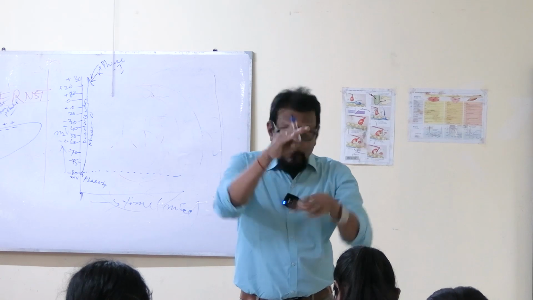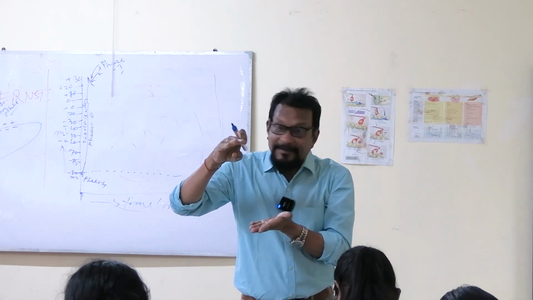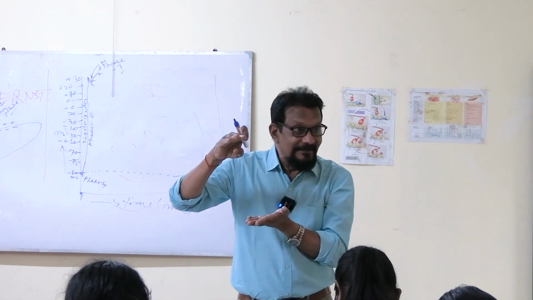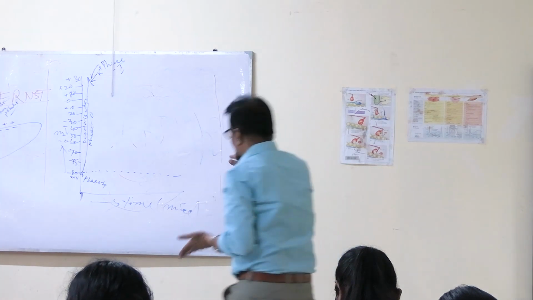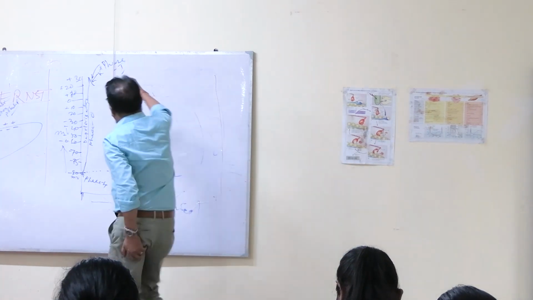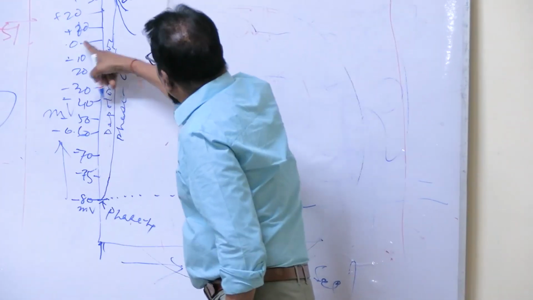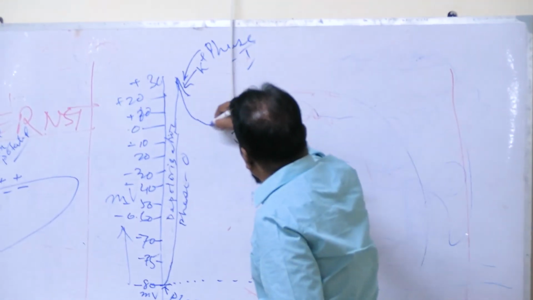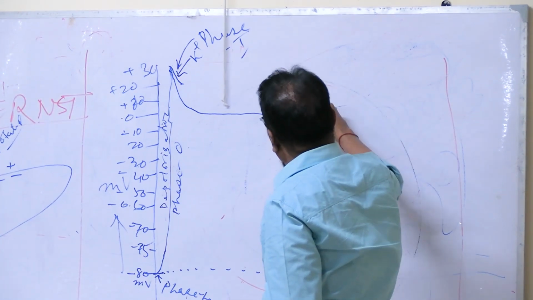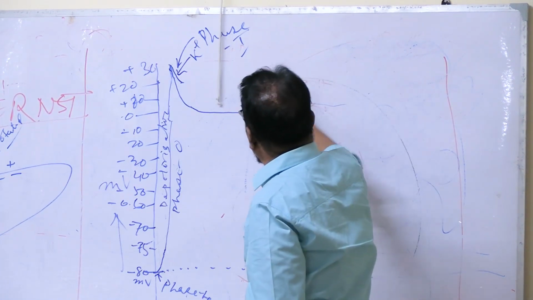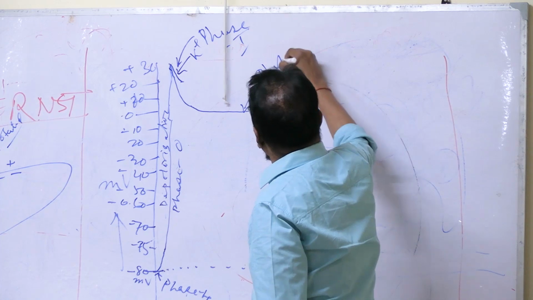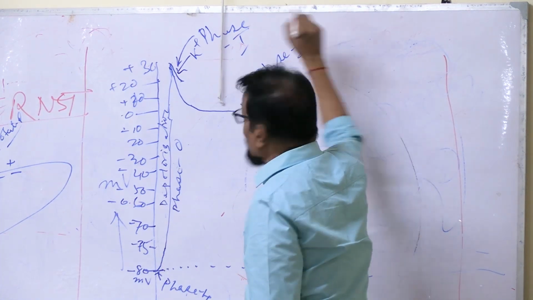As a result, there is no net change in voltage, so we get a plateau. There is no change in voltage difference. It happens here at the 0 level. This will continue like this, and this phase is called phase 2.